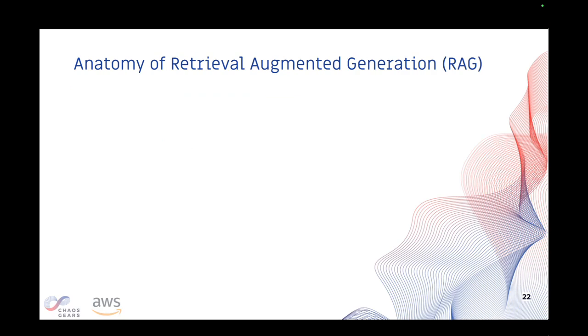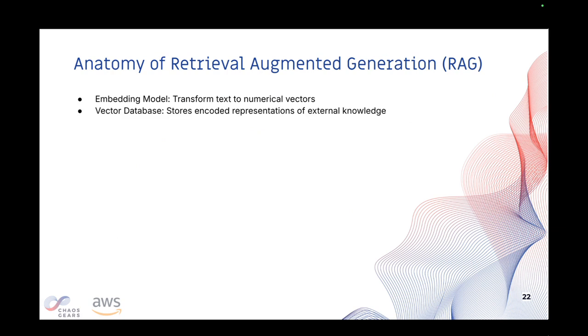And yeah, the anatomy of retrieval augmented generation starts with an embedding model. You need to have some embedding model to transform this text to numerical vectors. Embedding models are a type of AI model that specialize in generating such representations, so you can then use them to perform similarity searches. The next ingredient is the vector database.